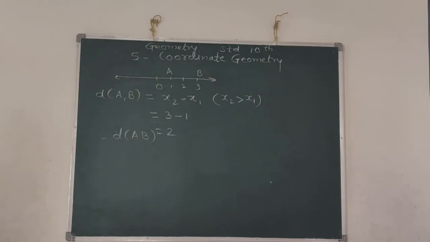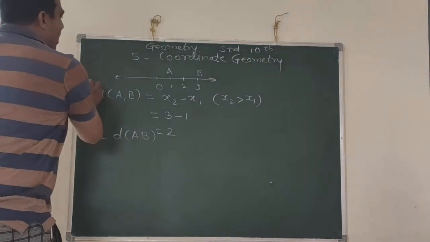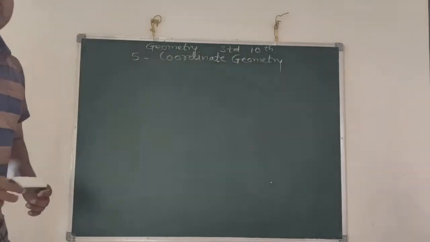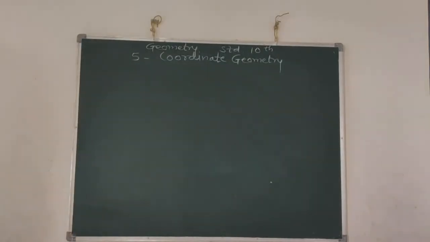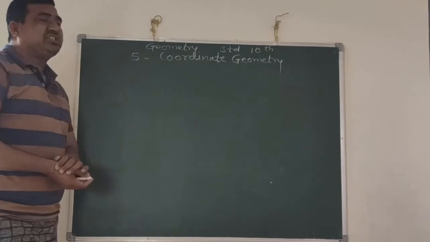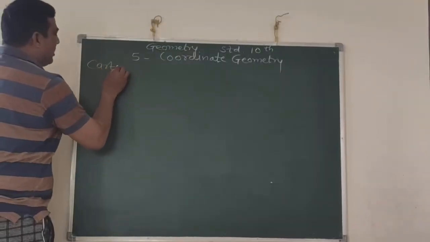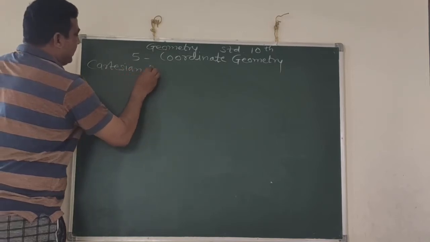So using the number line, you have studied how to find out distance. Now today we are going to study using the Cartesian coordinate system, how we can find out distance between any two points.